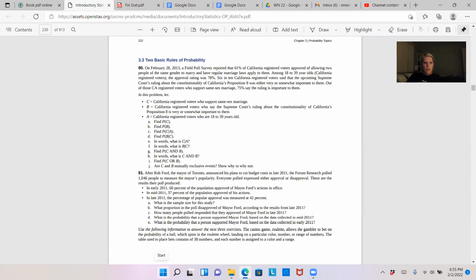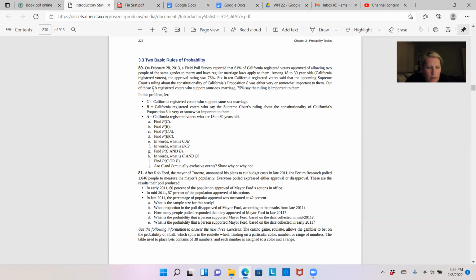It says on February 28th, 2013, a field poll survey reported that 61% of California registered voters approved of allowing two people of the same gender to marry and have regular marriage laws applied to them. Among 18 to 39-year-olds, the approval rating was 78%. 6 in 10 California registered voters said that the upcoming Supreme Court's ruling about the constitutionality of California's Proposition 8 was either very or somewhat important to them.